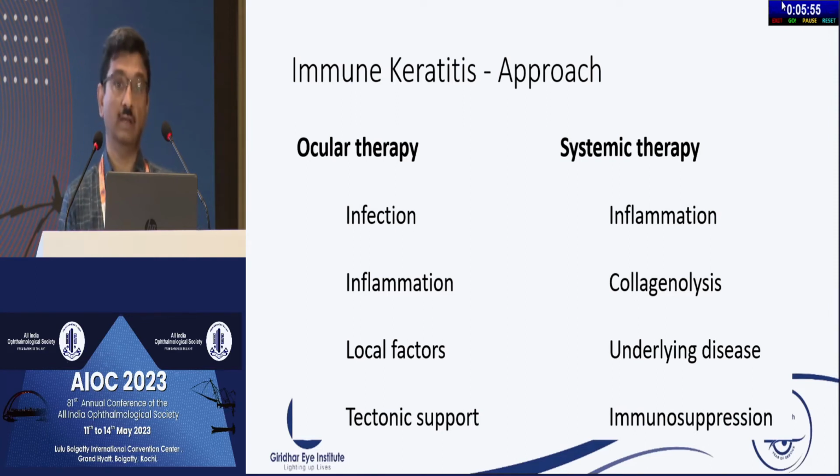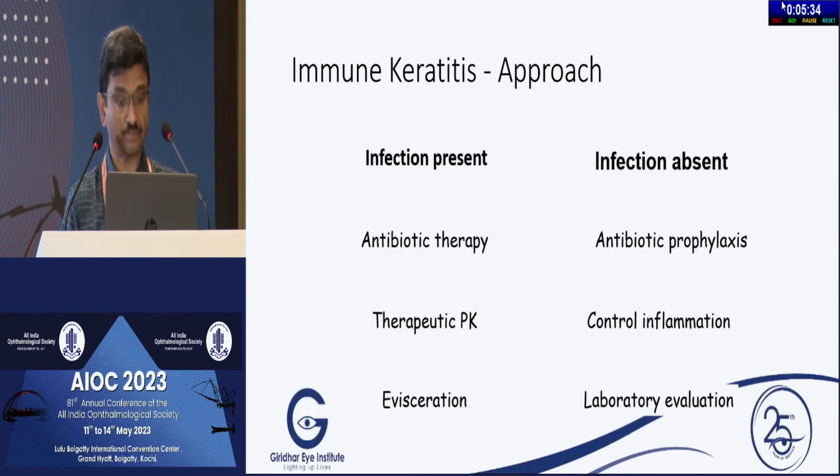Treatment: you have to think about the local treatment and the systemic therapy. Locally, think about infection, inflammation, other local factors, and tectonic support wherever required. Systemically, you have to control the inflammation, the collagenolysis has to be controlled, and diagnose and treat the underlying disease. If required, you may have to go to immunosuppression also.